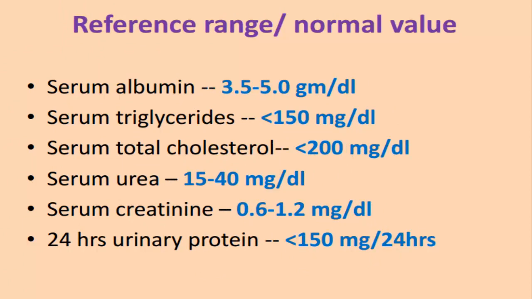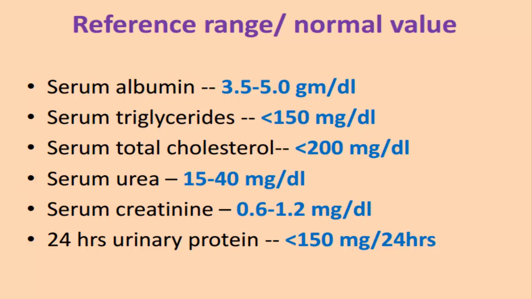Now, you should know the reference range or normal value of the given analytes to interpret the chart. The reference range or normal value of serum albumin is 3.5 to 5 gram per dl. Serum triglycerides is less than 150 milligram per dl.